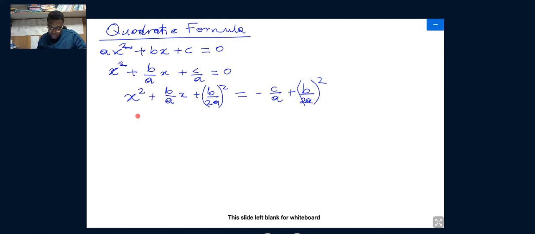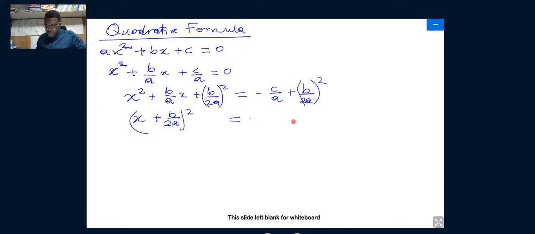Okay, so now we are left with, we group the like terms. I've already taught you guys how to work with algebraic expressions, and also to work with fractions.